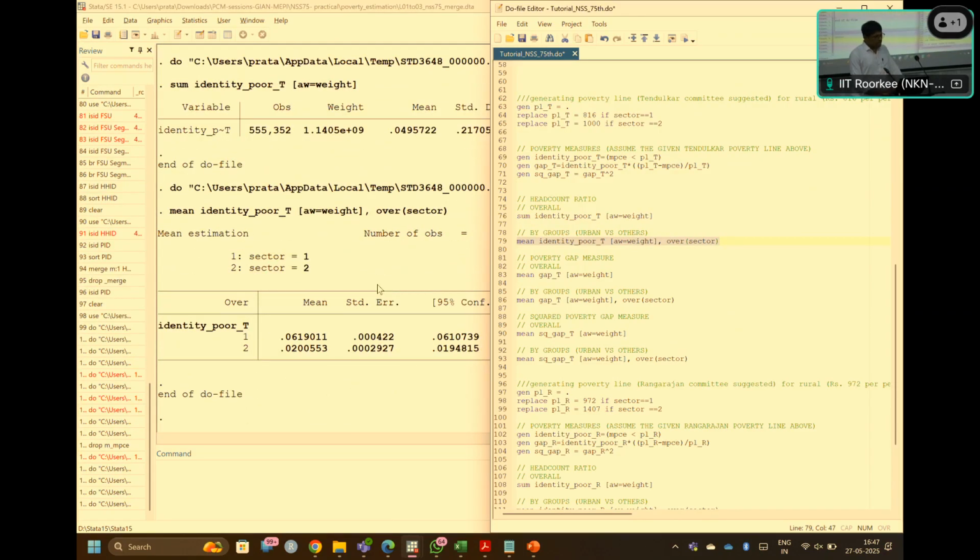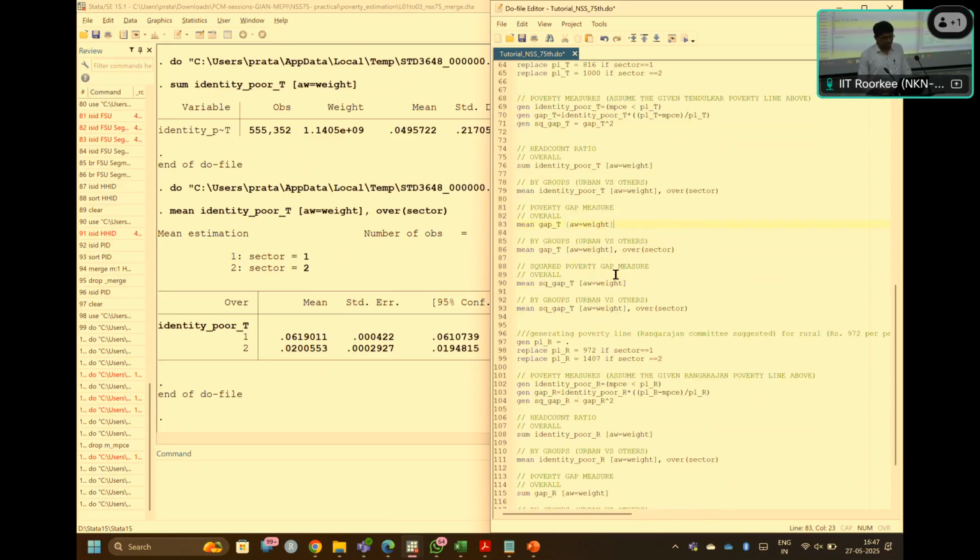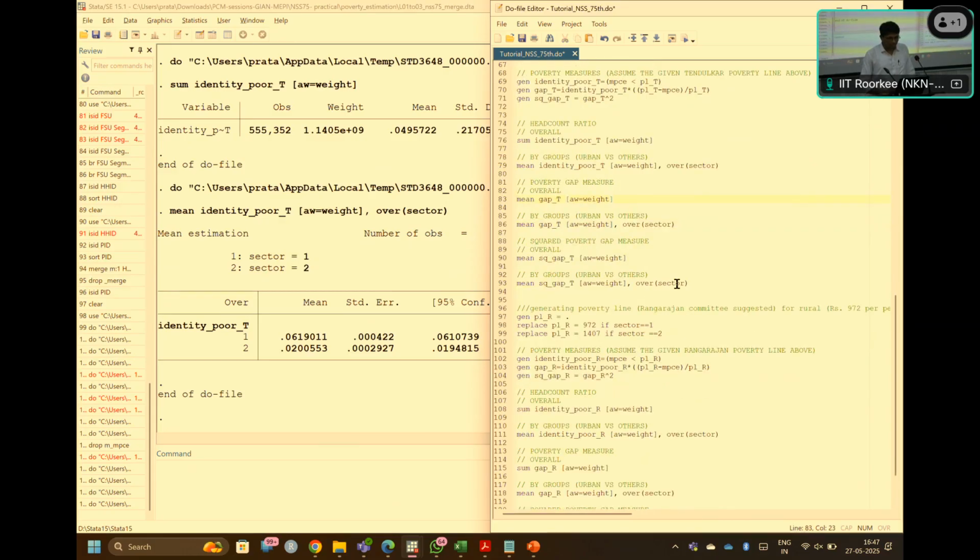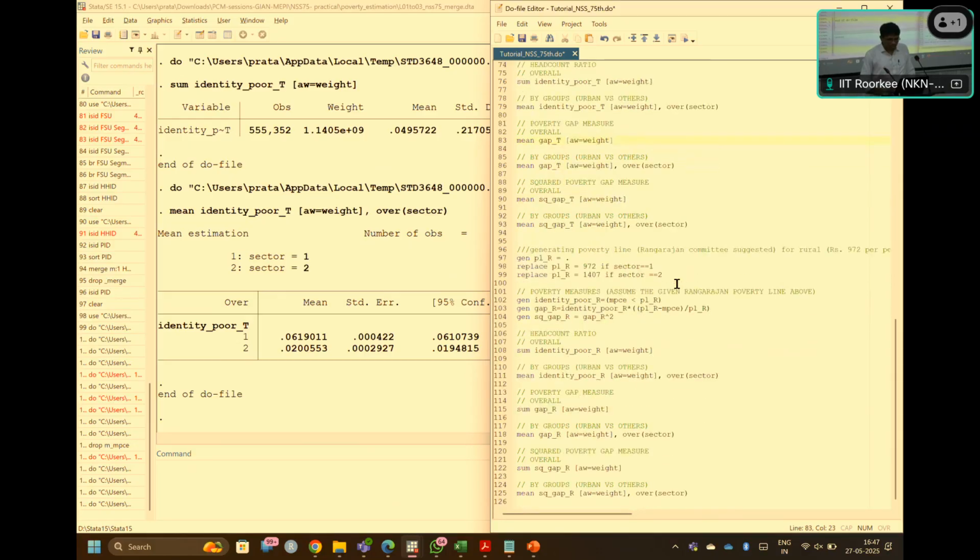Okay, so these are the estimations by rural and urban areas so far as the Tendulkar committee suggestions are concerned, and some other estimations were made for the rural area to check the poverty gap measure, and also to check squared poverty gap measures, similarly by rural and urban areas, and the rest of the things I think you can follow directly from the do files.